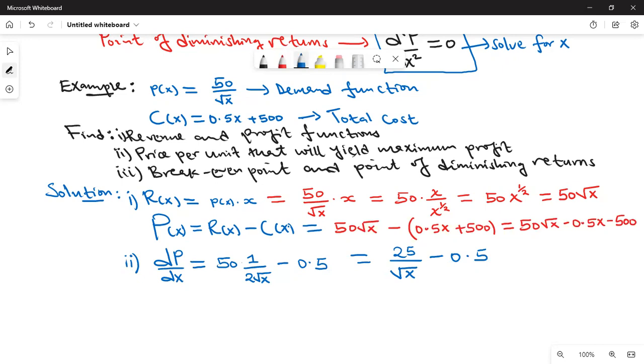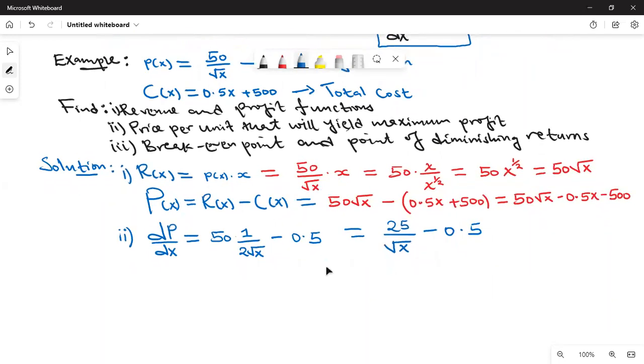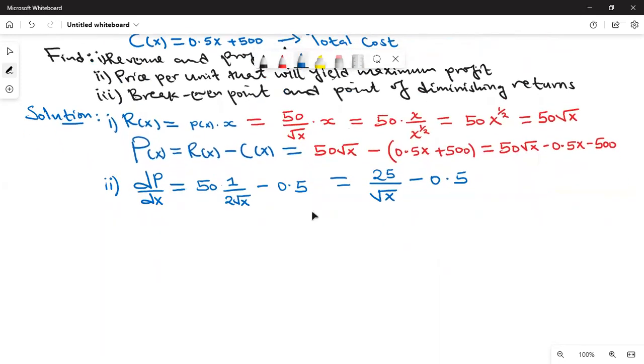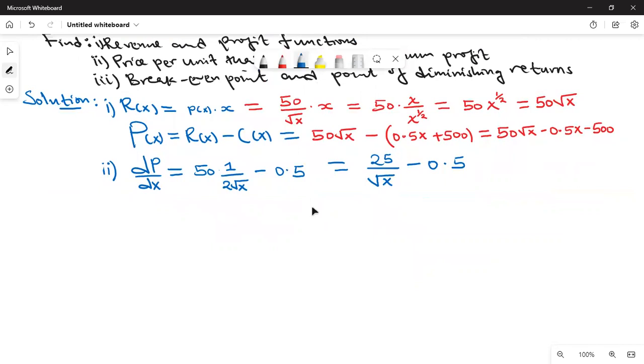Now, we said this dP/dx must be equal to 0 so that we can find the profit maximizing level of production. So equate this to 0. So we are saying, therefore, 25 over root x minus 0.5 should be equal to 0. So we need to solve for x.